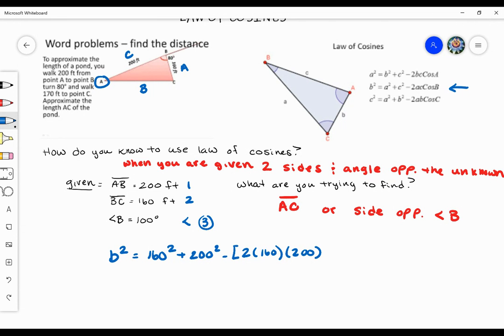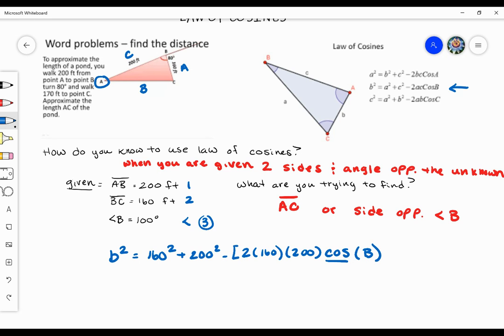So an easy way to remember this would be the sum of the two sides that you know squared minus 2 times the product of the sides that you know times the cosine, that's where cosine comes in, of your known angle.